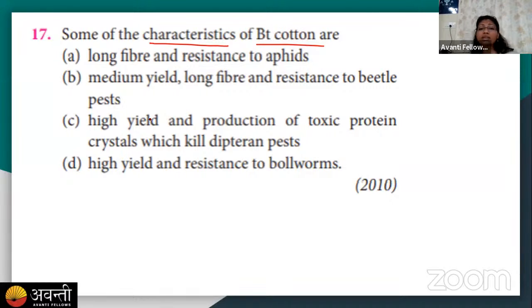Right, that is a correct answer. It is producing the toxic protein crystals which are able to kill the lepidopteran pest. So yes, answer C is correct.